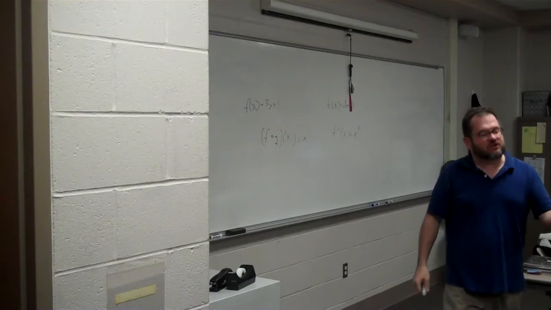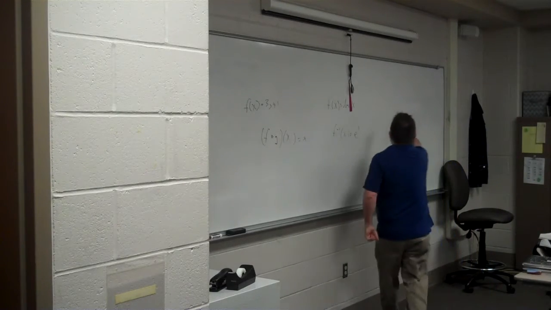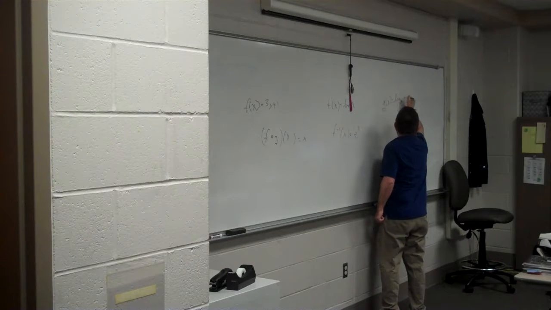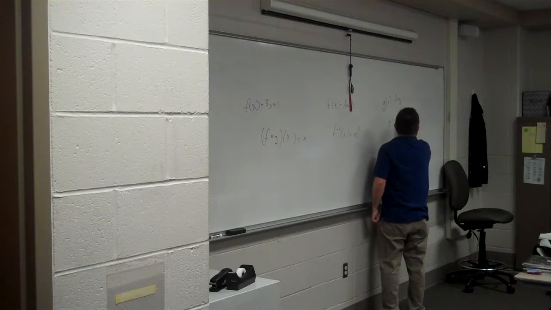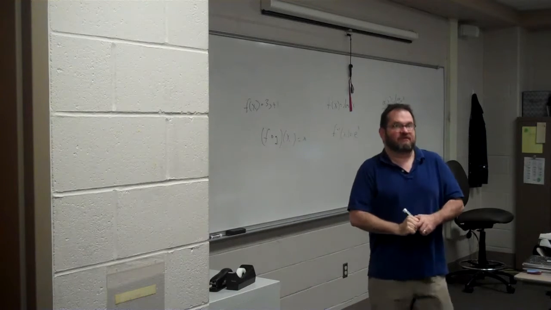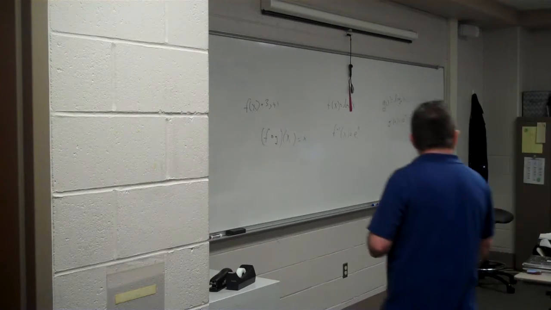For example, if g of x was the common log, the log base 10 of x, then the inverse function of it was 10 to the x. We beat this to death in November. The reason these were useful is that it was a way of cracking certain kinds of problems.